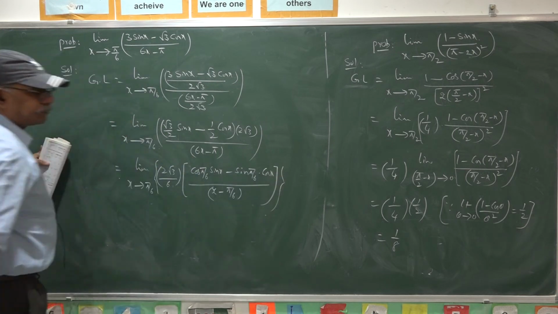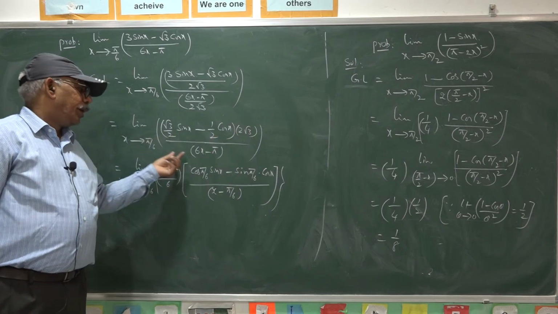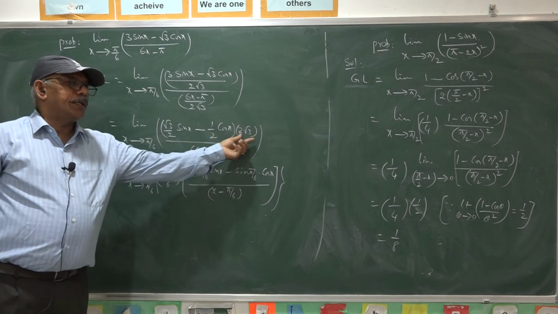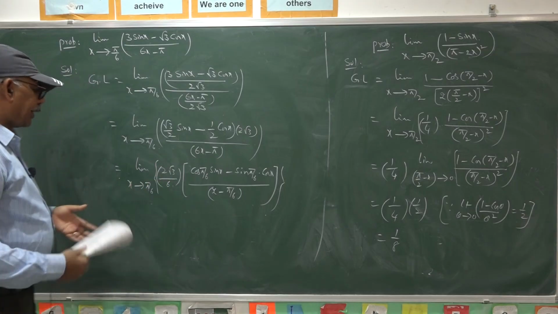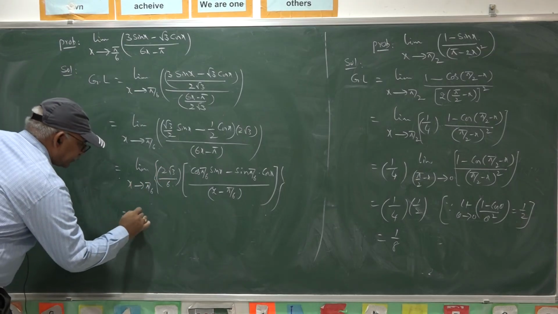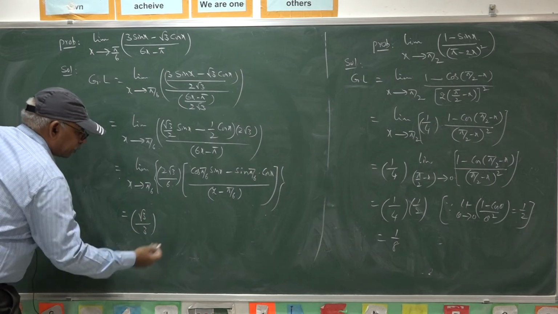Taking 2 root 3 and taking 6 as common, you get 2 root 3 by 6 as constant. It is independent of x. You can take it out of the limit as root 3 by 3 or 1 by root 3.